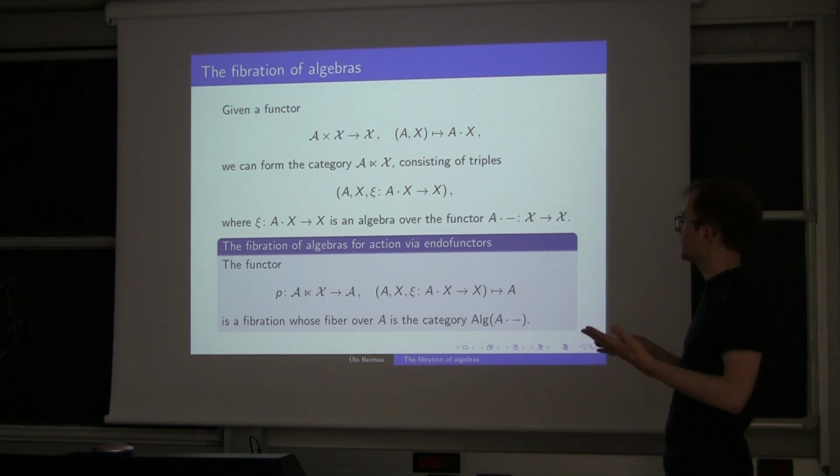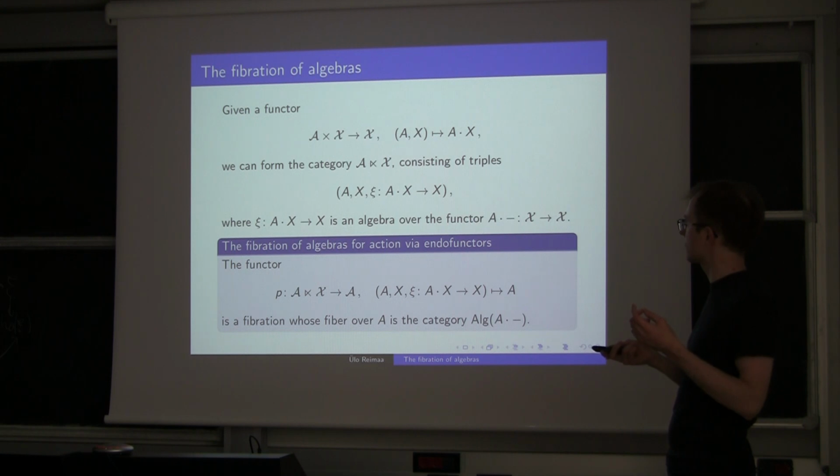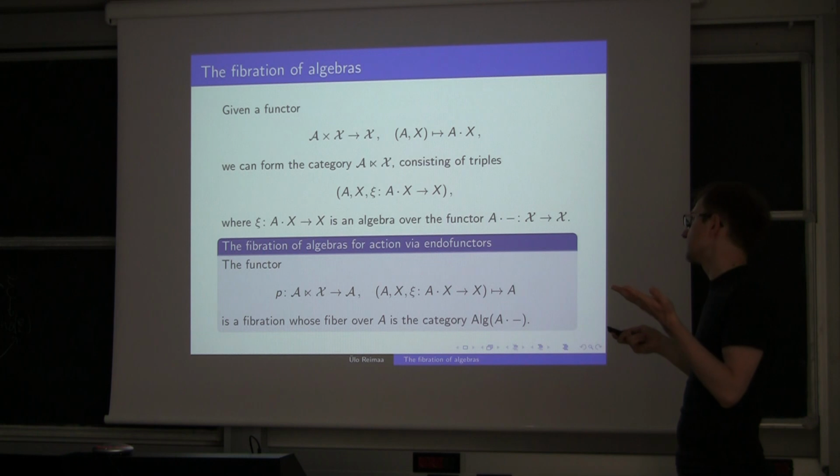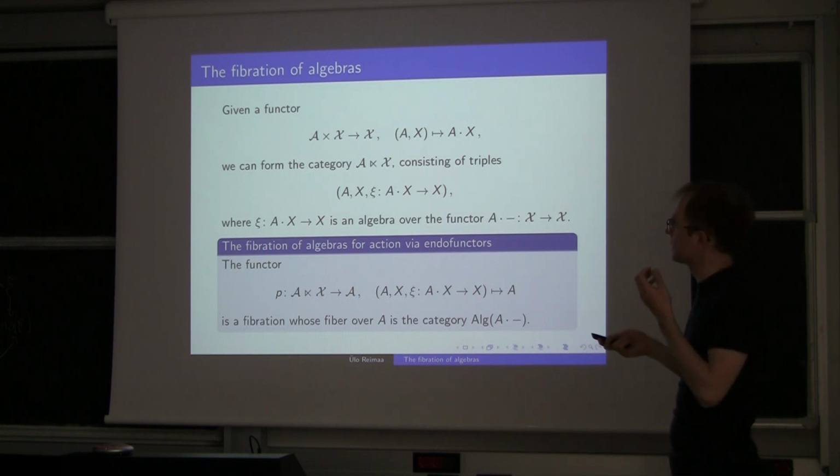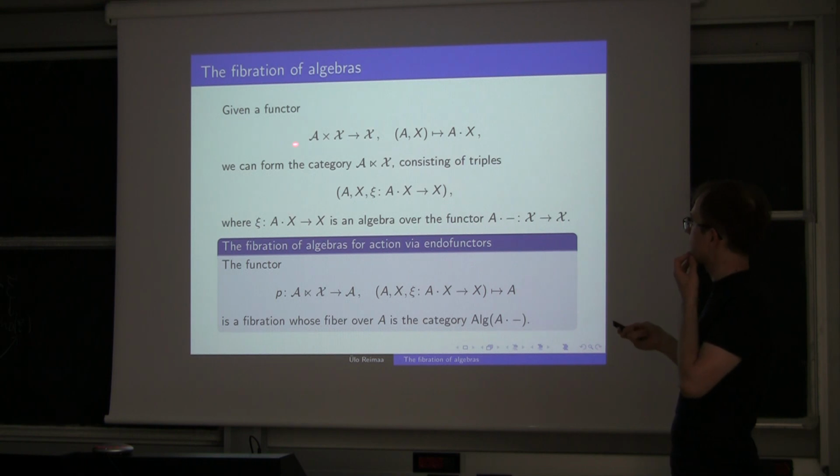We can essentially take the fibration of all the algebras, which can be constructed, if one desires, as the Grothendieck construction of the functor which maps an object of A to the category of algebras over the endofunctor which corresponds to the parameter.